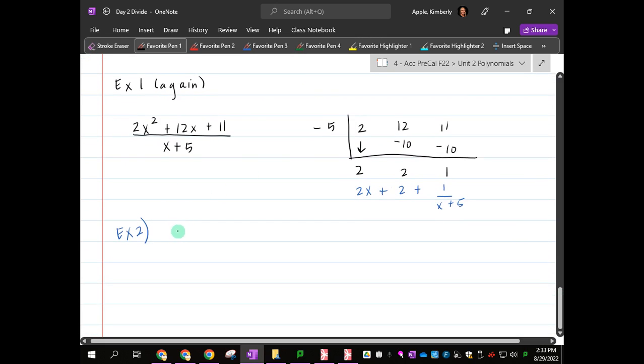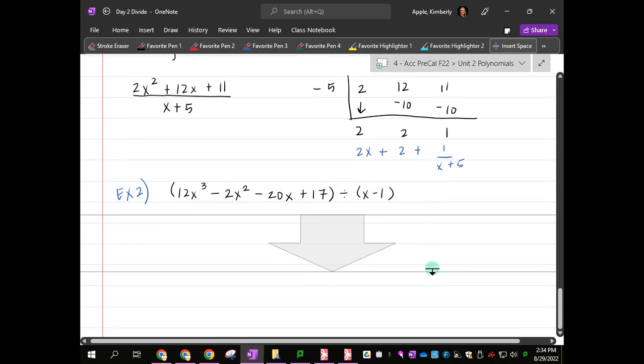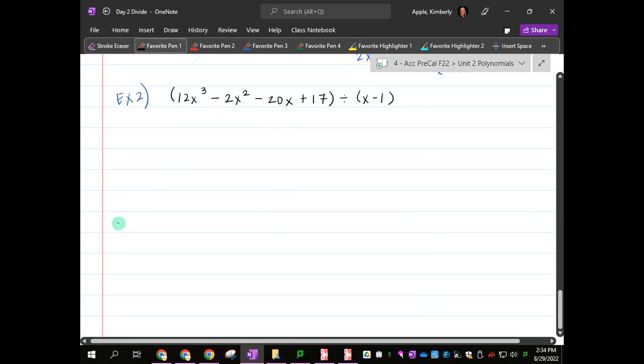Example 2 was 12x cubed. All right, see what you can do with that one. And then, if you want to also give example 3 a try. Dang, which one did I do?